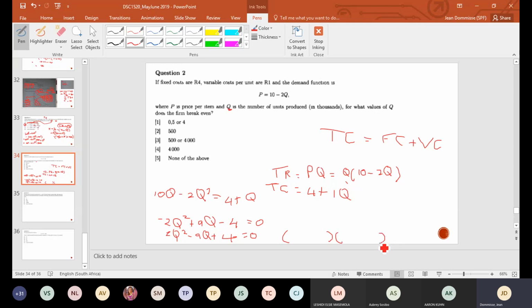And then hopefully the one must be 2Q. The other one will be Q. I know that that must be a negative, that must be a positive. So both of them will be negative signs because negative times negative will give me the positive.